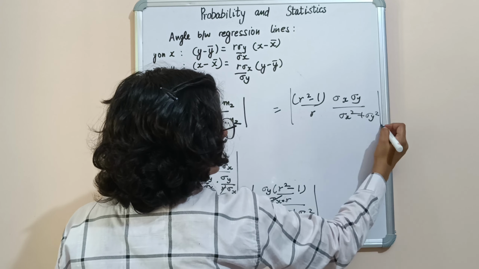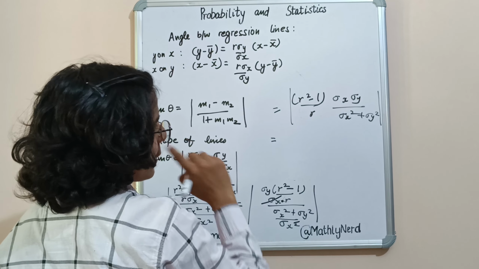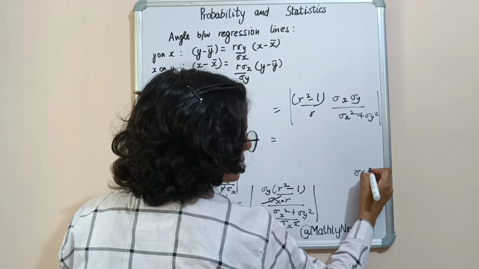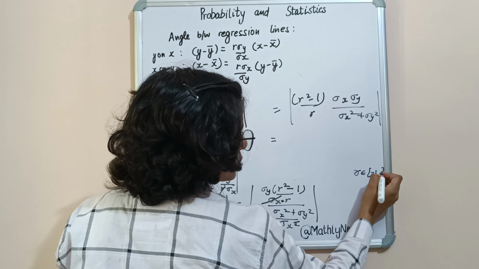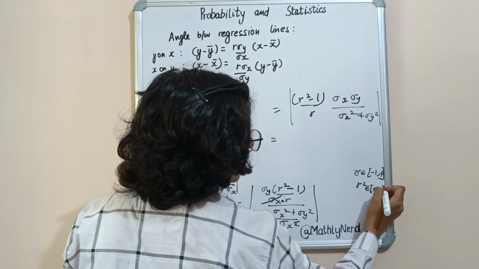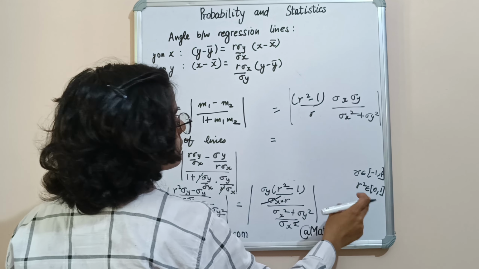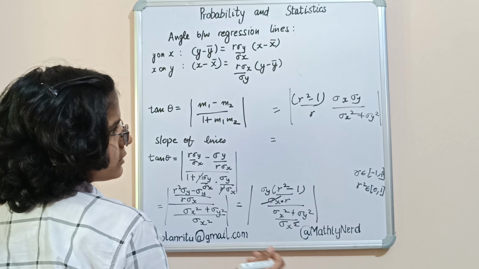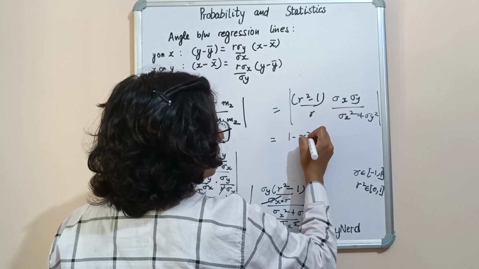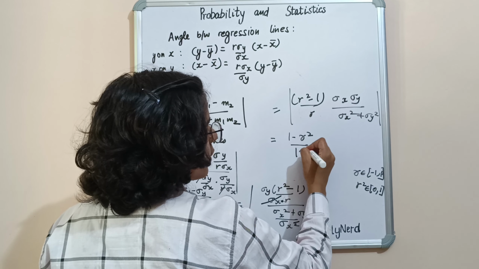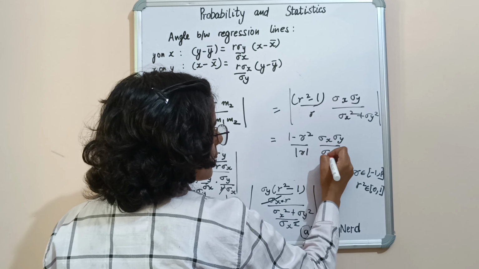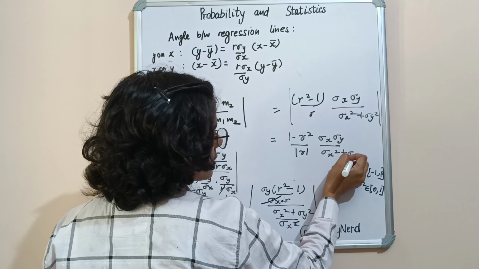Now, as we know that r lies between -1 and 1, r square will lie between 0 and 1, and r square is always less than or equal to 1. So if we have to open this modulus, we can write this as 1 minus r square by mod r times sigma x sigma y by sigma x square plus sigma y square.